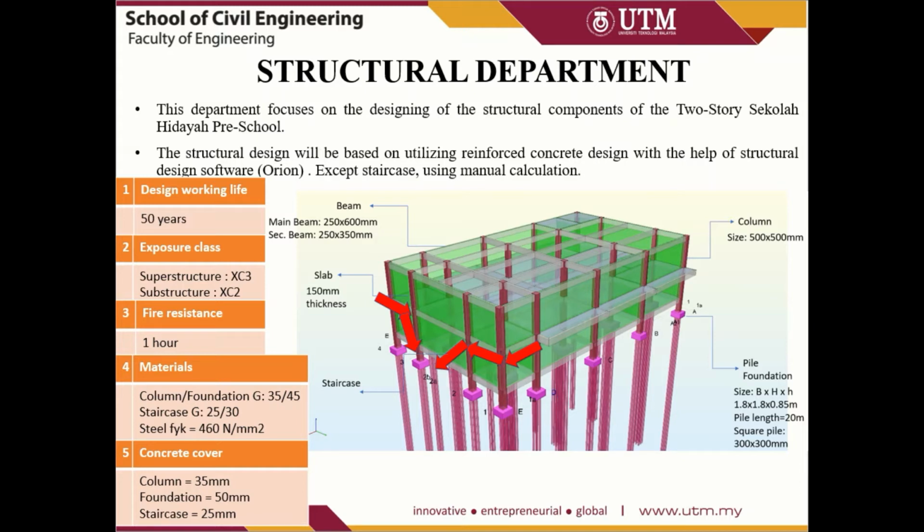And for the concrete cover, we take 35 mm for column, 50 mm for foundation, and 25 mm for staircase. So the figure shown here is actually from Orion. This is the size of concrete used for the structural member. And lastly, a detailing and drawing for all the proposed column, foundation and staircase needs to be shown.